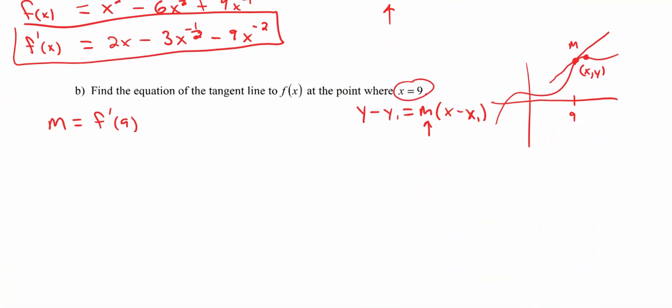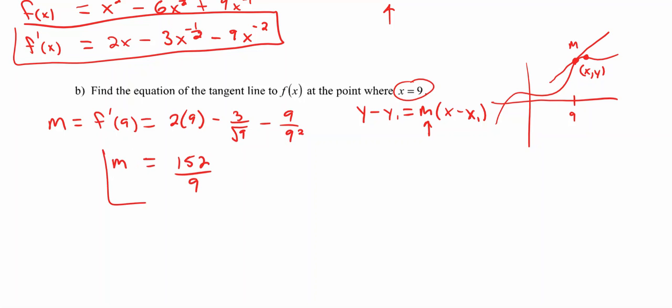So f prime of 9 would be equal to 2 times 9 minus 3 over root 9 minus 9 over 9 squared, just filling in 9 for our derivative there. In the end, that ends up being 152 over 9. So that's our slope at that point, and we're good there.